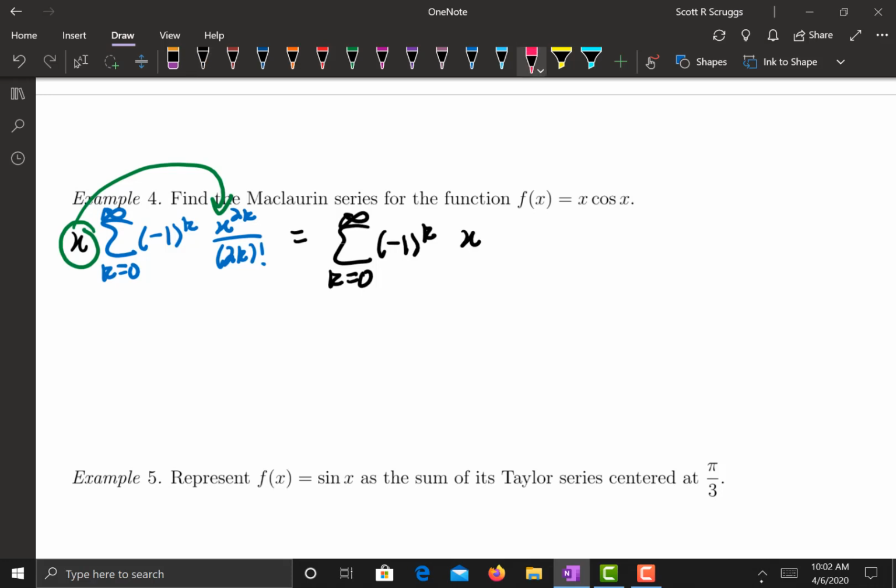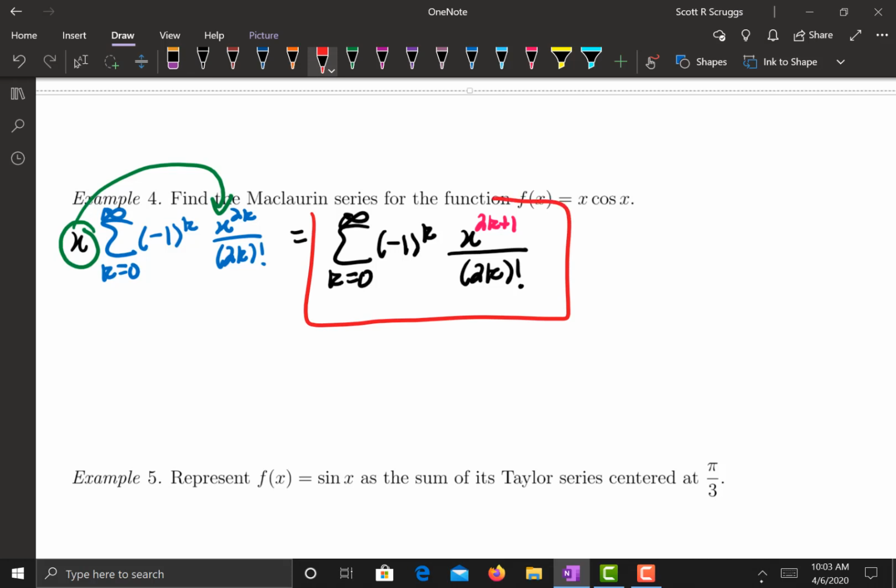And now, since I moved that x inside, my exponent is now 2k plus 1, and then 2k factorial. And there is our Maclaurin series from that slight modification.